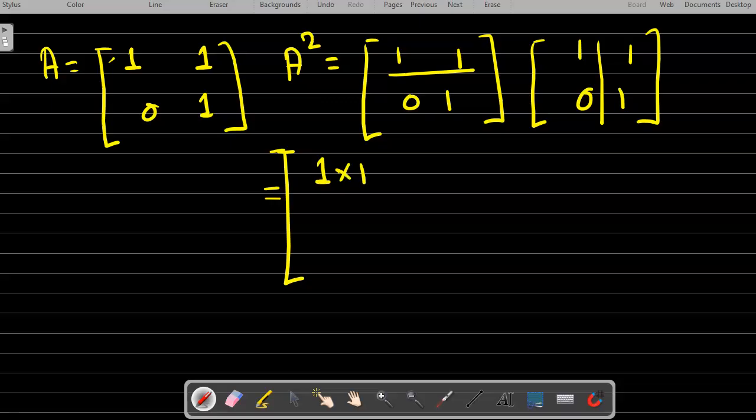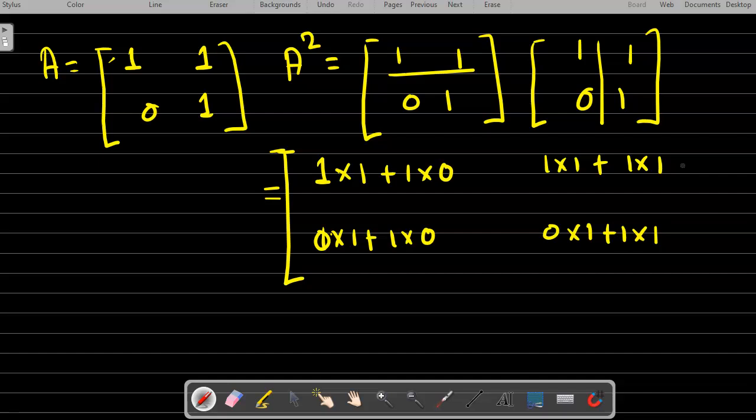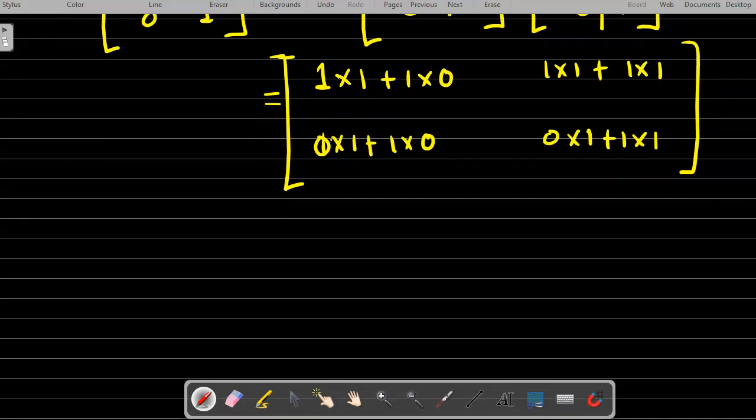So 1 into 1 plus 1 into 0, then 1 into 1 plus 1 into 1. Then with the second row dot product of the first column, so 0 into 1 plus 1 into 0, and with the second row dot product of the second column, so 0 into 1 plus 1 into 1. So let's see what this is. Here you get 1, here you get 2, here you get 0, and here you get 1.